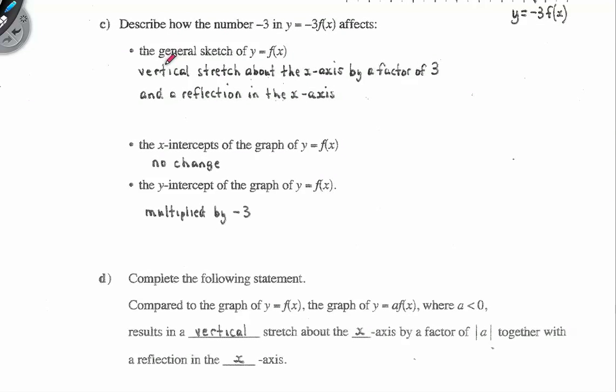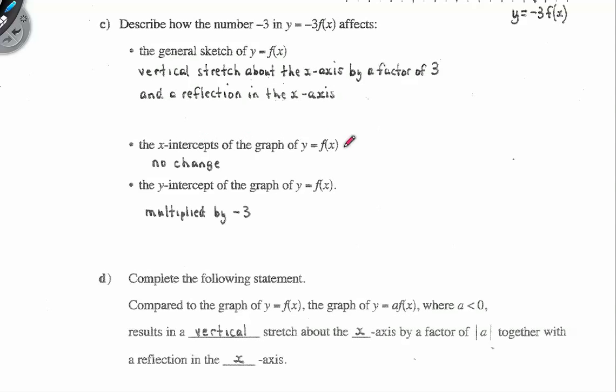Notice that this has been written in already, and it doesn't seem to matter in this case if you get the reflection followed by the vertical stretch about the x-axis, or the stretch happens first. And we'll talk more about that later. In this case, the order does not matter, but don't worry about that right now.